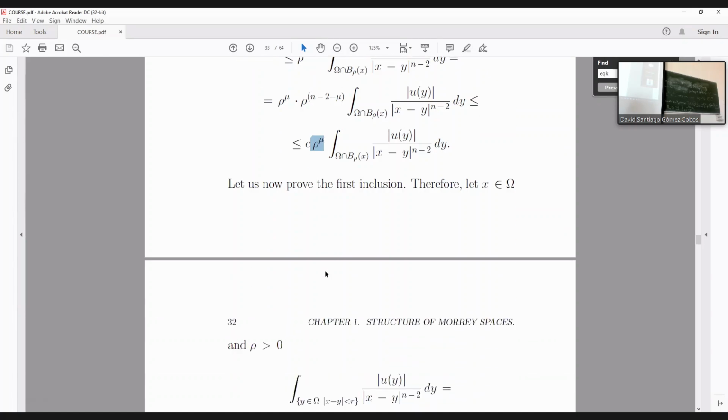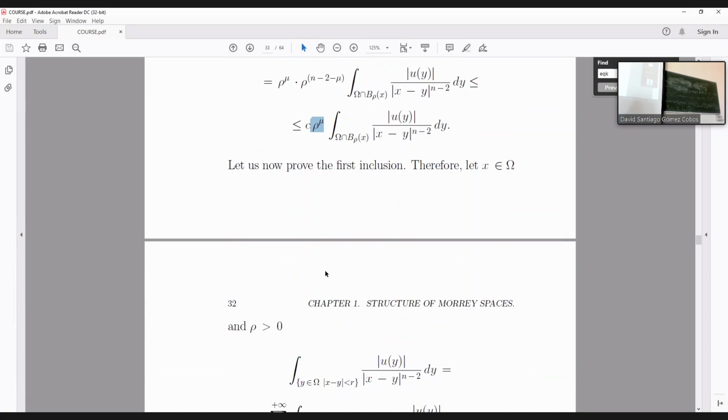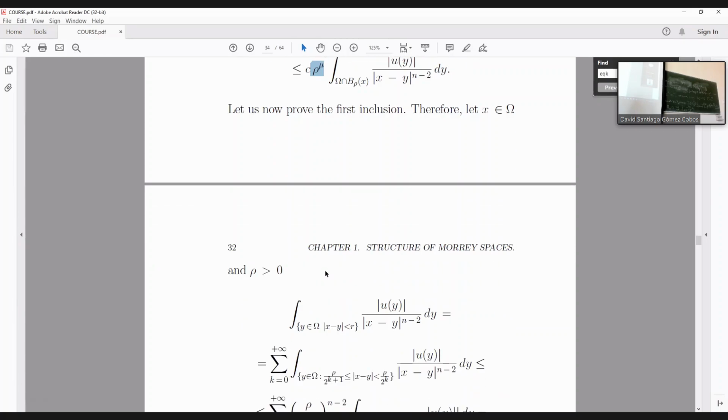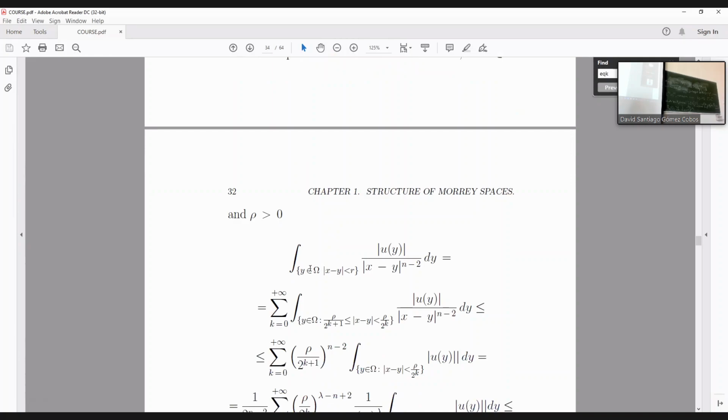Therefore, let x and rho be generic, so x in omega and rho more than 0. The integral in the set of y belonging to omega such that the absolute value of x minus y is less than r of the function u over |x minus y| with exponent n minus 2 could be split using the method that is called the onion method.